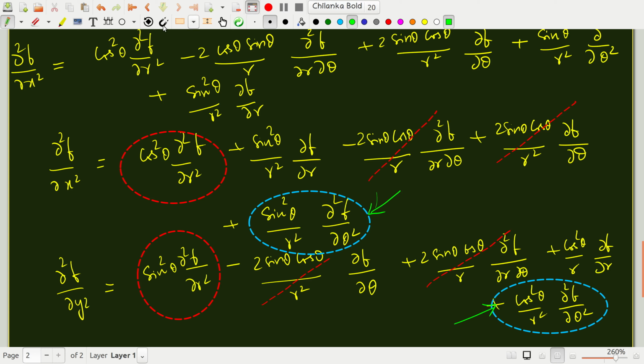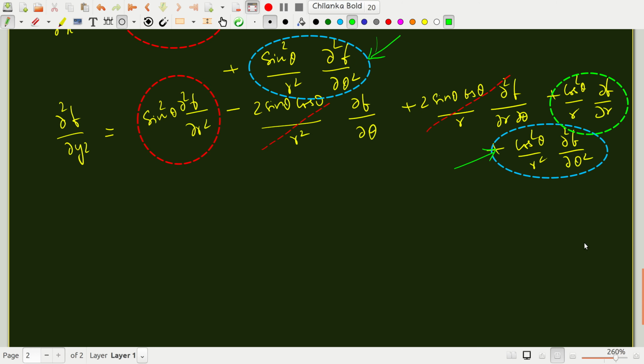Similarly, if I look at this term and then if I look at this term, again you will pick up a factor of sin squared theta plus cos squared theta by r, which will be 1.